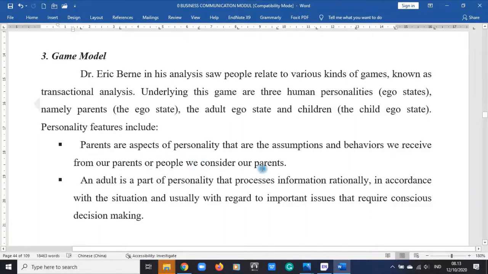An adult is the part of personality that processes information rationally in accordance with the situation, usually with regard to important issues that require conscious decision making.